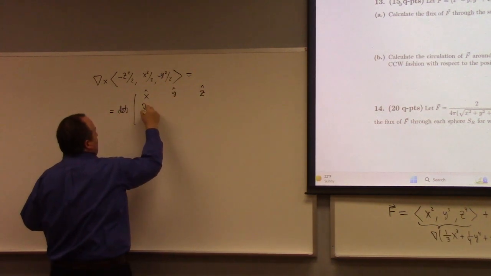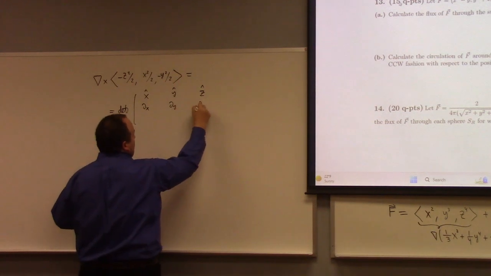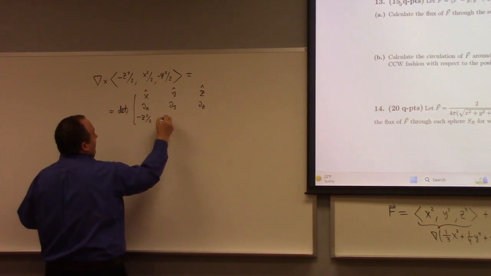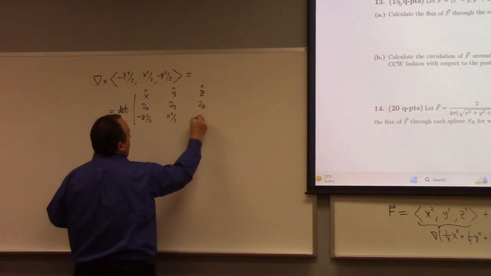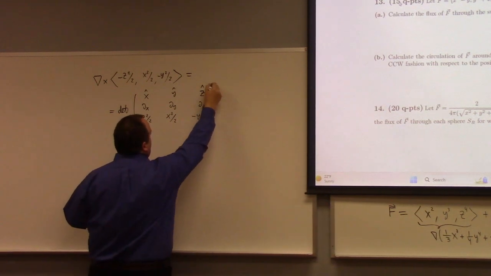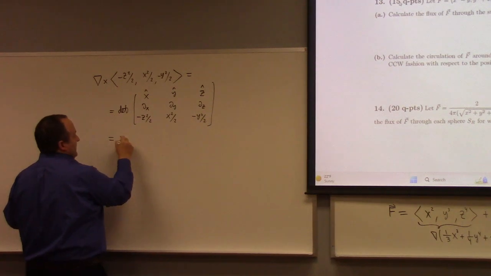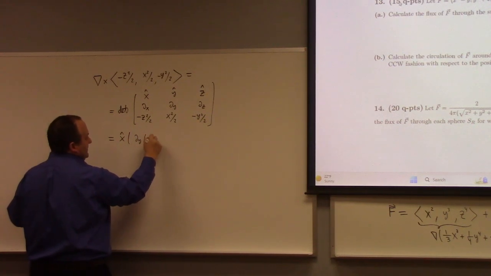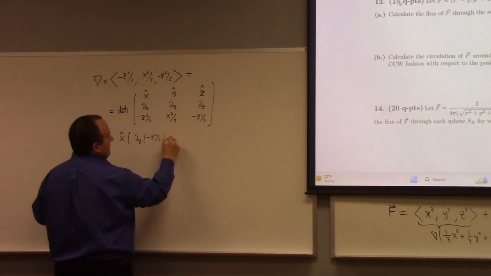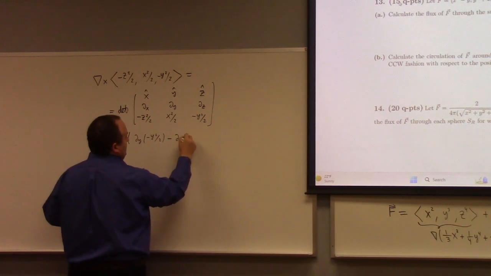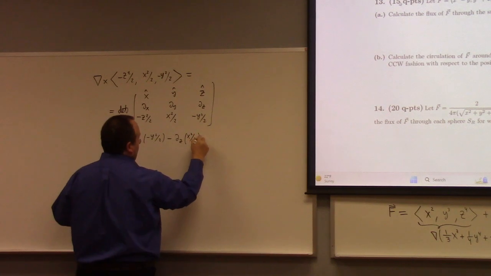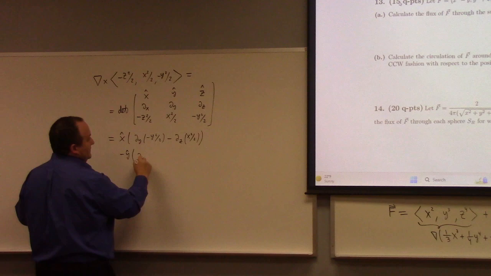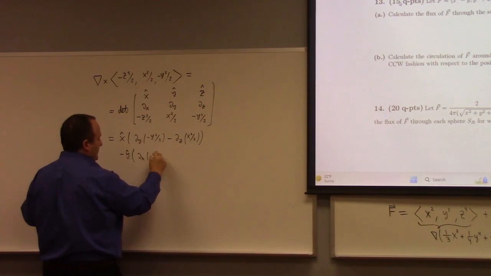So we've got partial x, partial y, partial z, and they're acting on this vector field. And so I've got like x hat, partial y of minus y squared over 2, minus partial z of x squared over 2, minus y hat, partial x of minus y squared over 2.